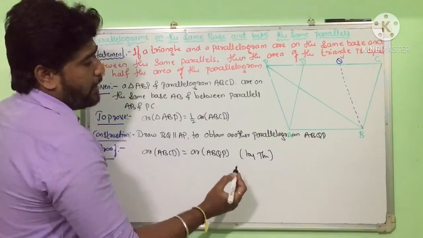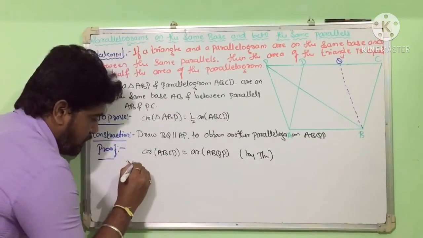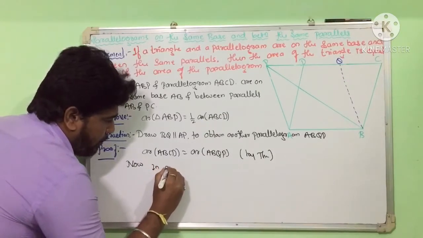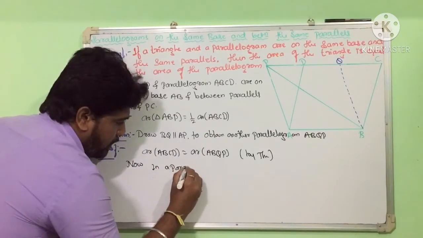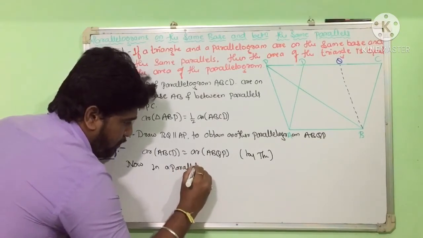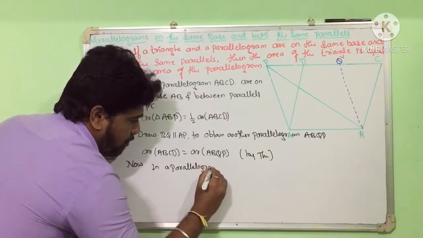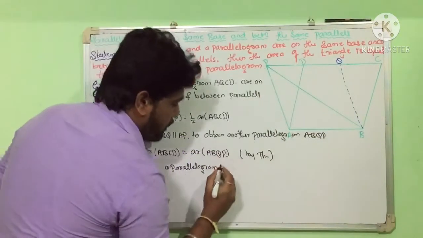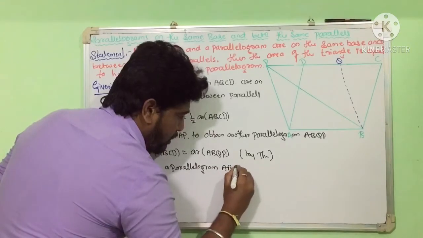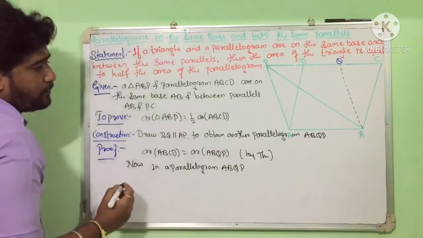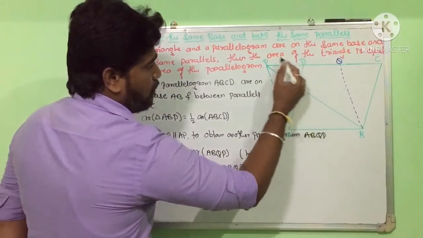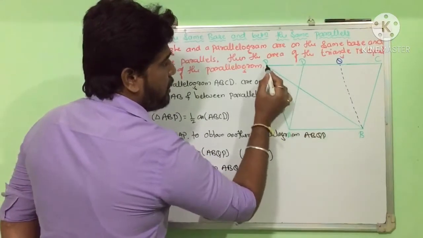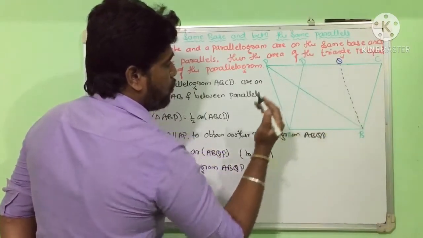And now consider the parallelogram ABQP. In this parallelogram two triangles are there, ABP and BPQ, right?